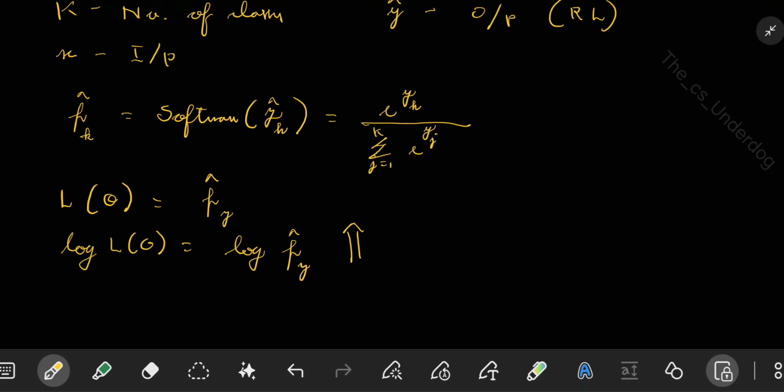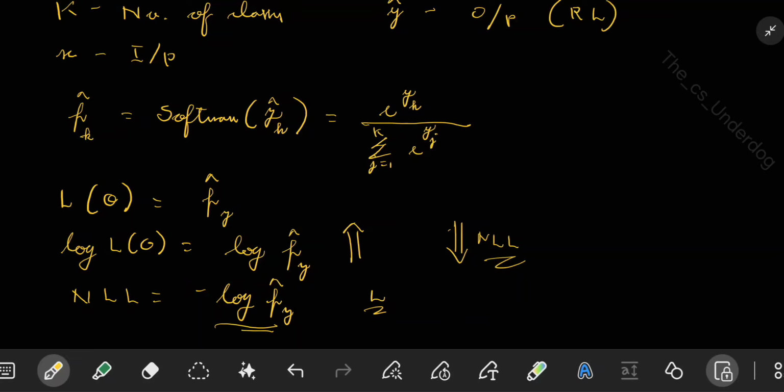Instead of this, we are going to minimize the negative log likelihood. Your negative log likelihood can be written as minus log py cap. So this negative log likelihood is actually your loss function.